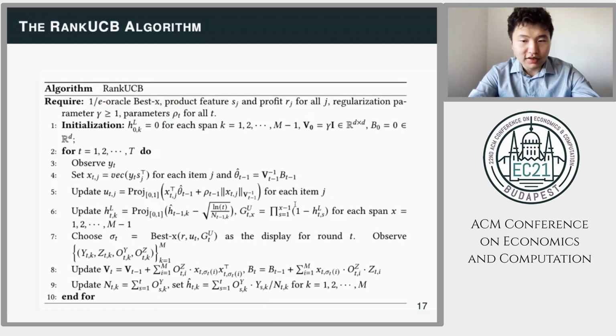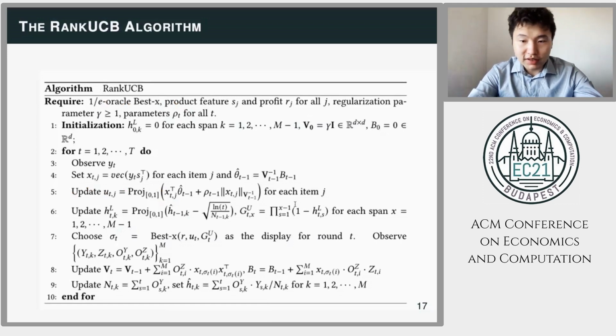In particular, in each learning round, the parameter theta and hazard rate h are first estimated by ordinary least squares. Then we add a penalty to these ordinary least squares estimators for both the purchasing probability and hazard rate, and construct their optimistic estimators.